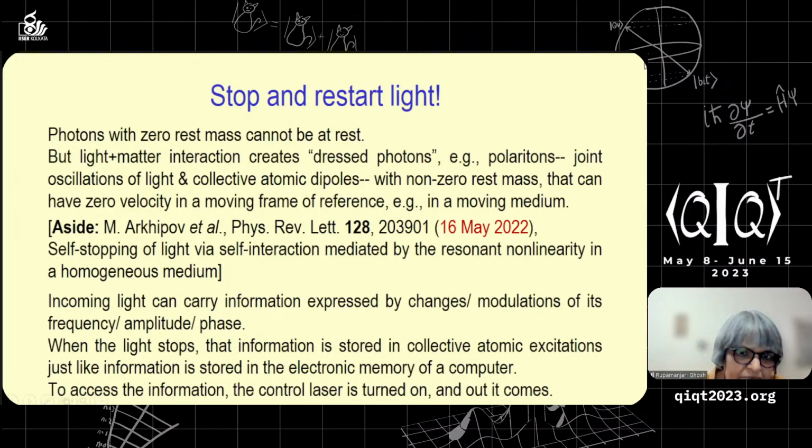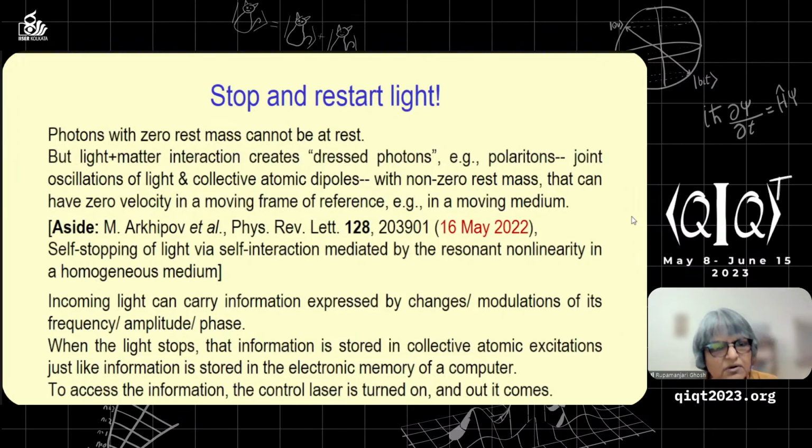But if I have light plus matter interaction, then you create what we call rest photons, like those polaritons I mentioned. These are essentially joint oscillations of light and collective atomic dipoles. And these would have non-zero rest mass because they're dressed by the field. And so you can, in a sense, have zero velocity in a particular frame of reference, in a moving frame of reference, that is, in a moving medium.